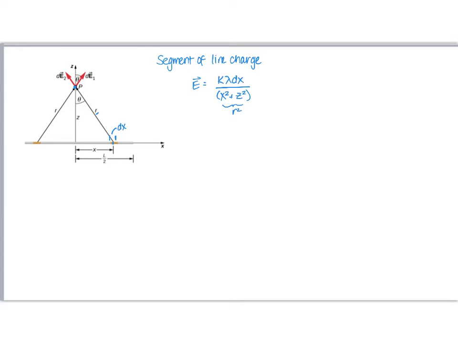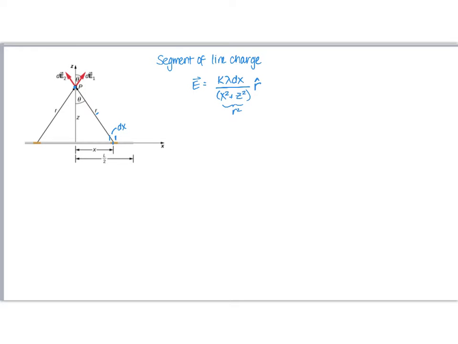Now, also, I have this unit vector r hat. This is kind of similar to that example that we just looked at with the area, where the two components of the electric field would cancel out.